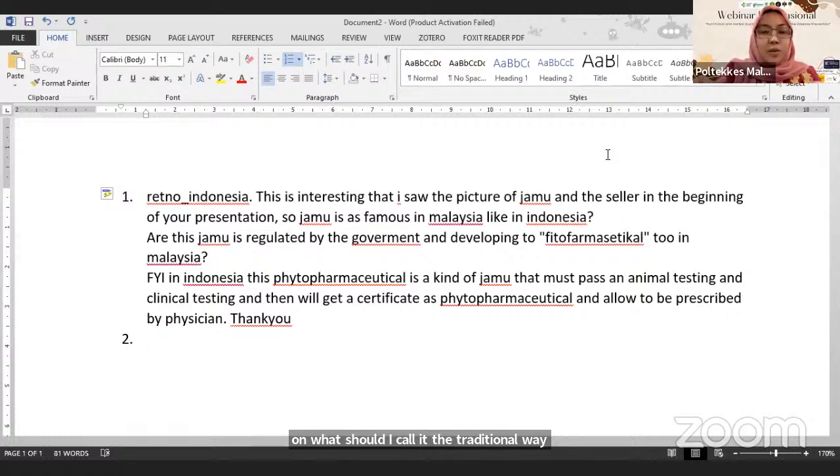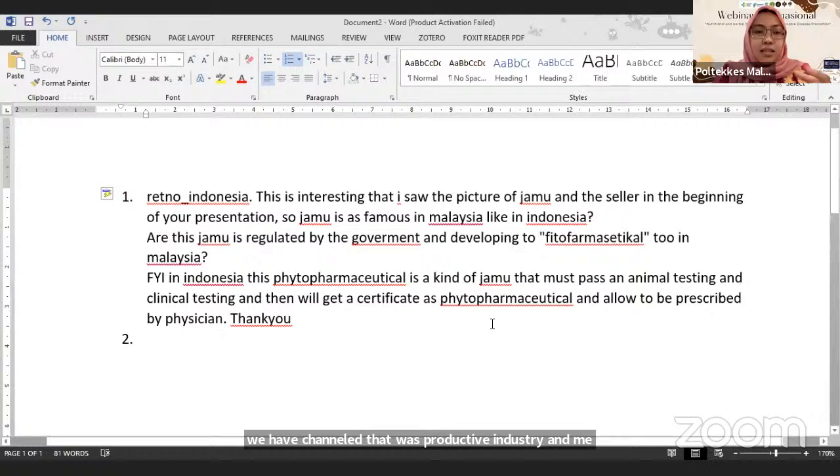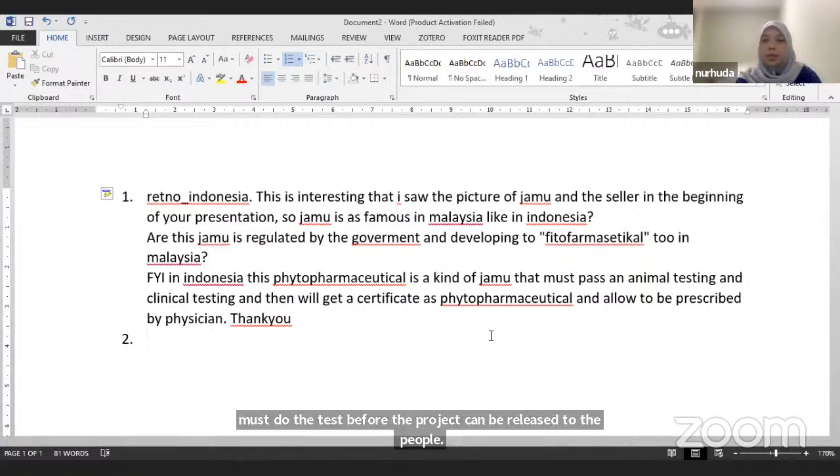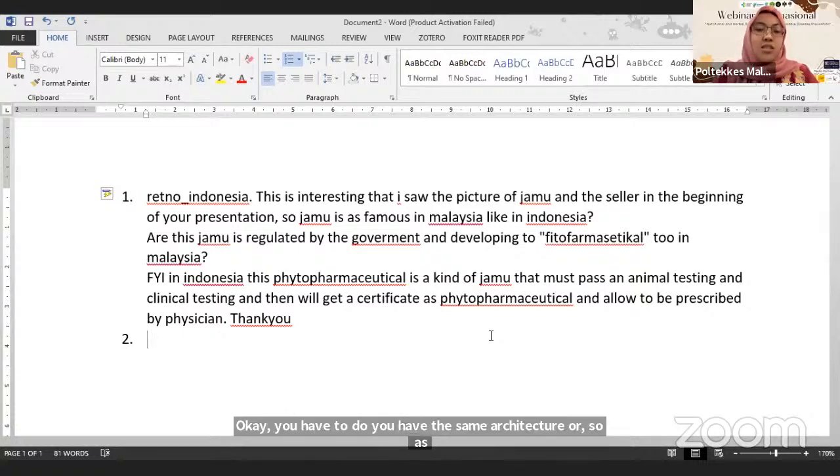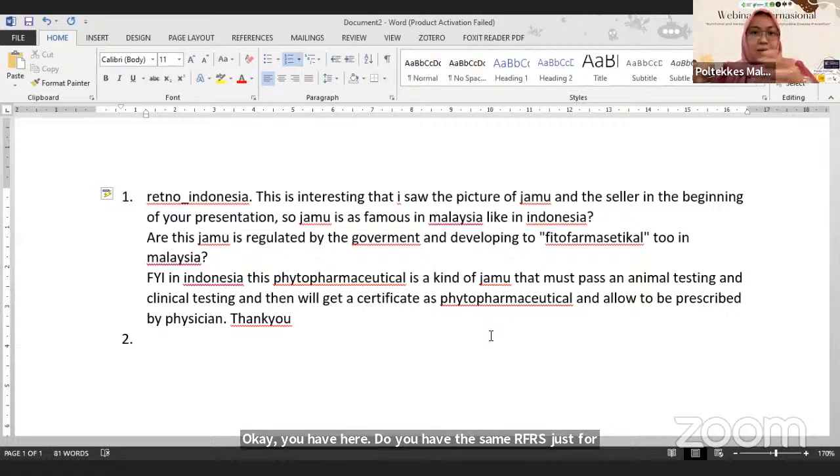But here in Indonesia, we have jamu produced in industry, and the industry must do the tests before the product can be released to the people. So what about in Malaysia? Do you have the same product, or is that just the traditional one, like mbok jamu delivering? Yeah, I understand.